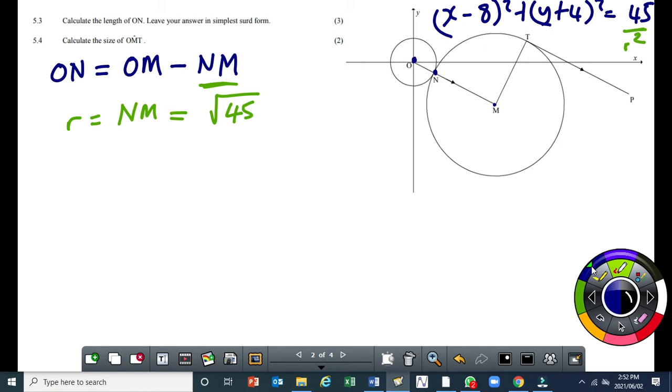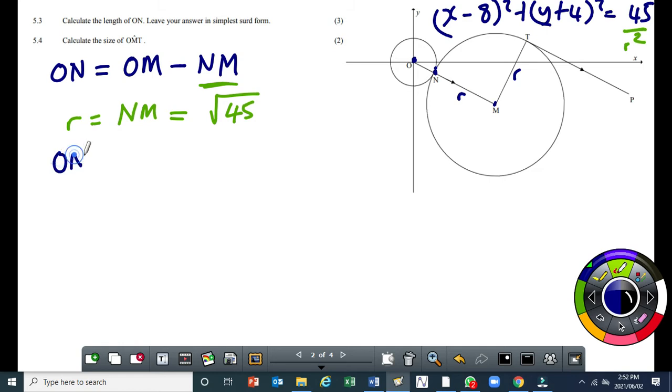And also on the diagram, I hope you are aware that we have two red lines for the bigger circle. Both of them are equal to r. So this is r, that's also r. So from N to M, that's the radius, and that's equal to the square root of 45 units.